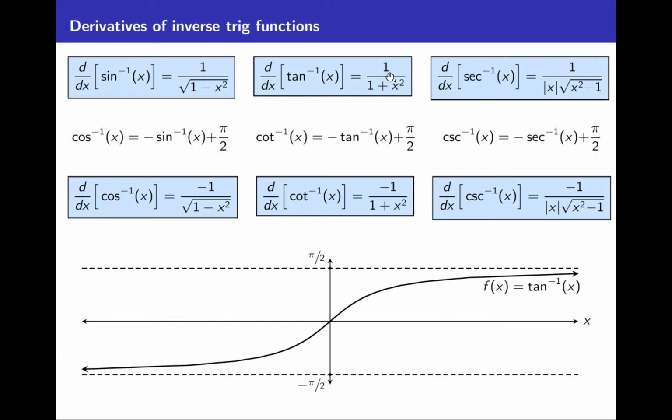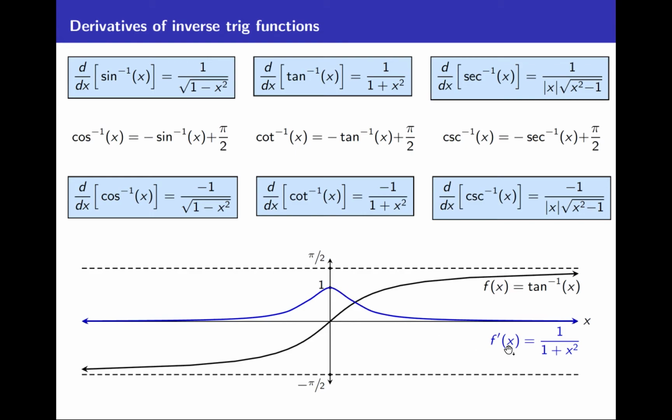And let's also graph its derivative, 1 over 1 plus x squared. And I'll do that in blue. F prime of x equals 1 over 1 plus x squared. It looks like this. Now, notice that if you take f prime of 0, that's 1 over 1 plus 0 squared, or just 1. So f prime of 0 is 1.